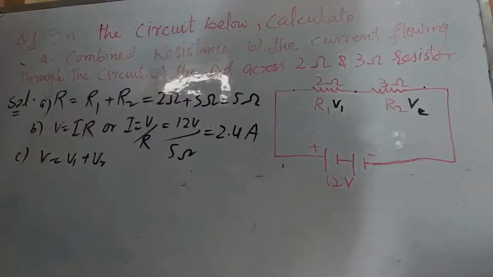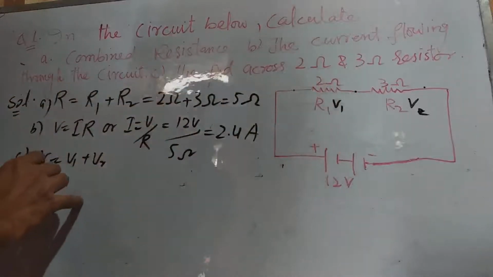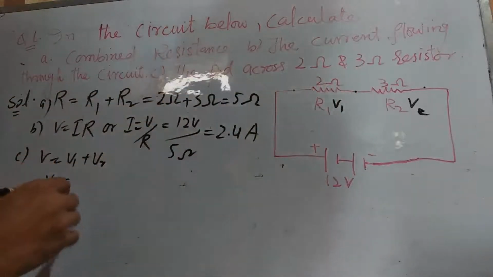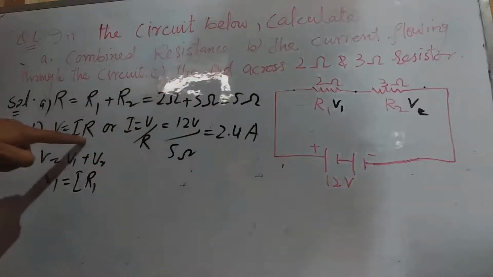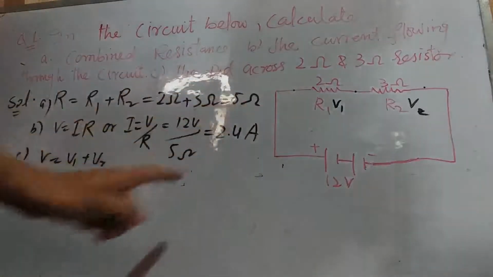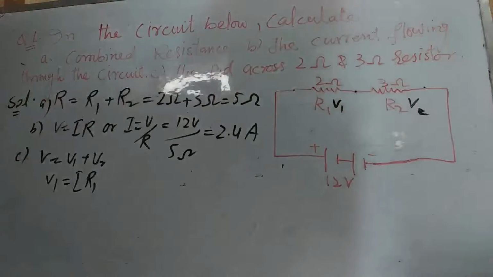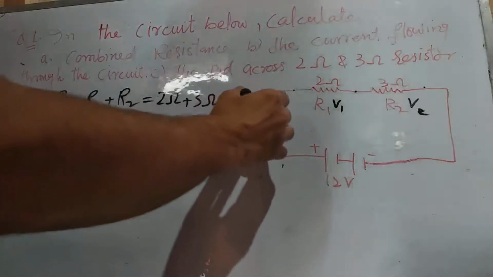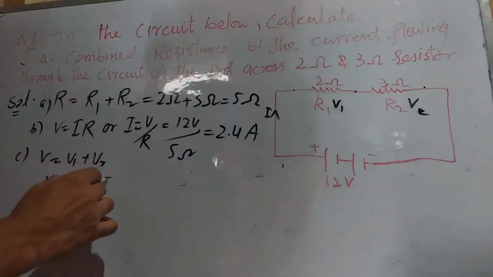Or I can say that V1 is equal to IR1, because current here is the same, I. For example, this is current I. This is the same throughout this circuit. So resistance is different.